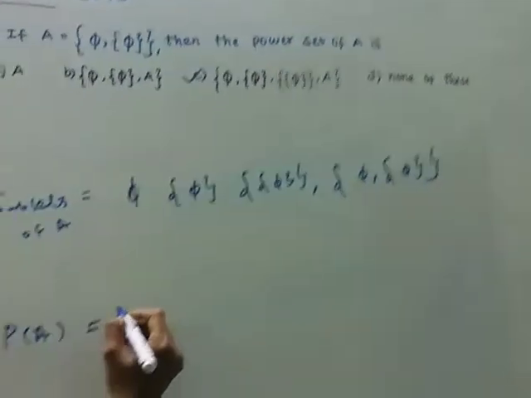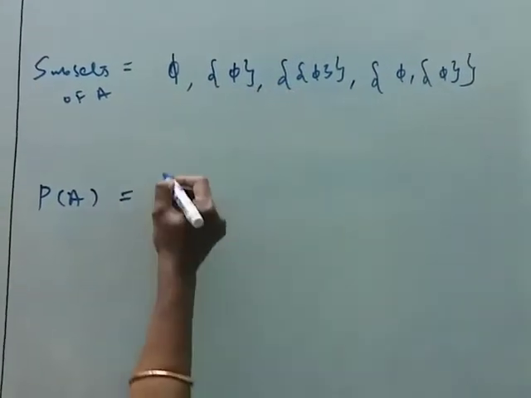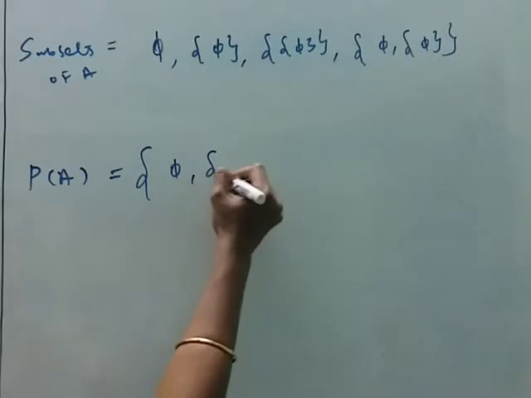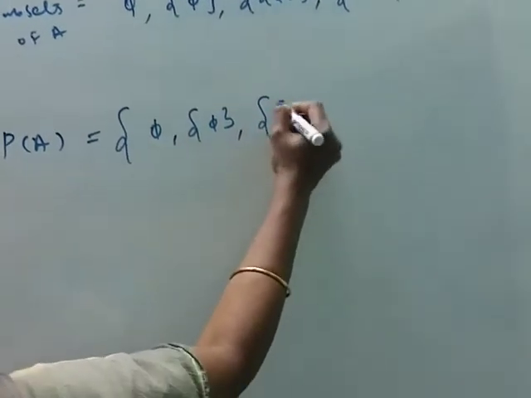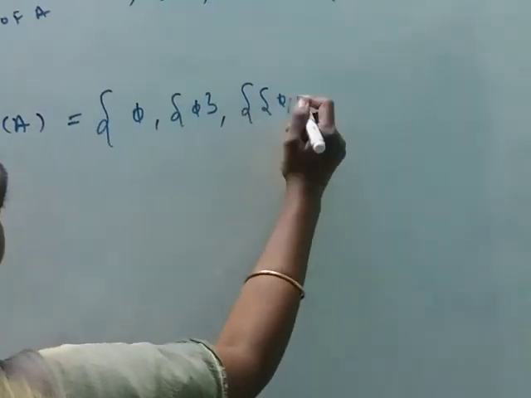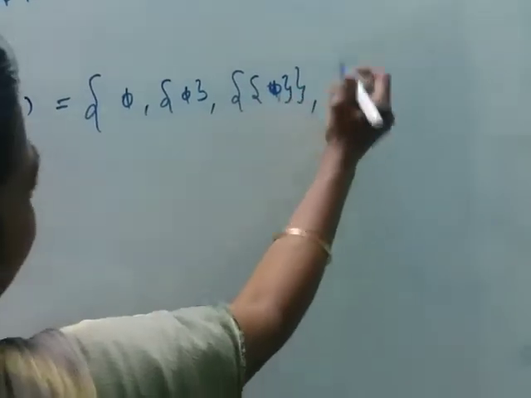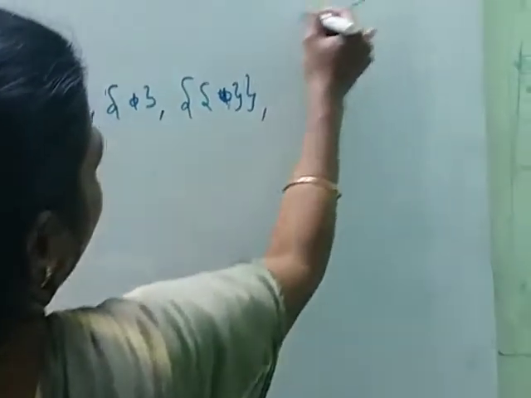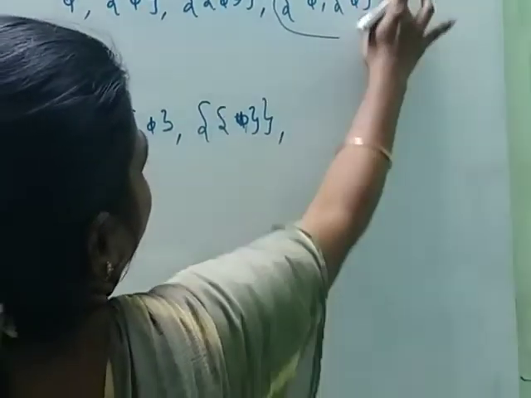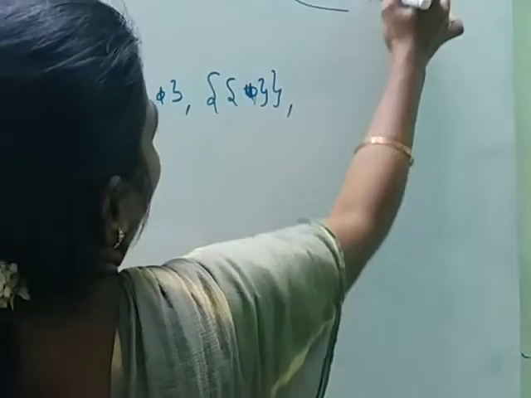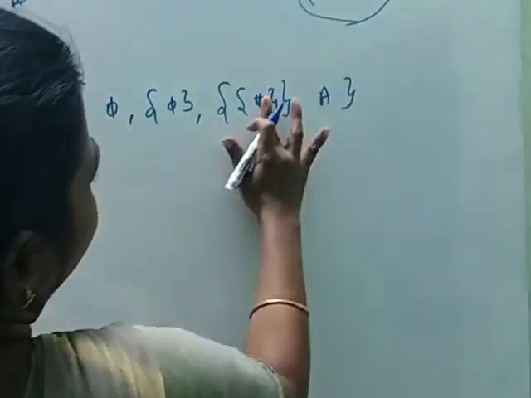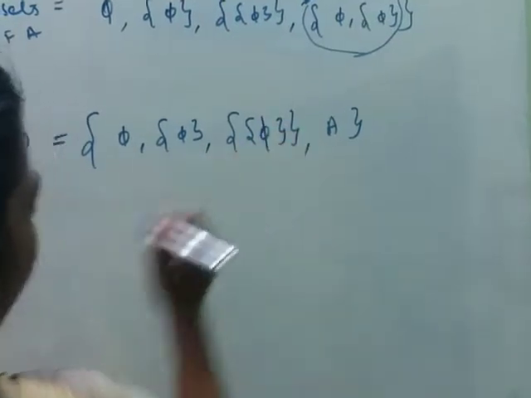So here P of A can be written as the set containing the empty set, then instead of this we are writing that A. Instead of this we are writing the whole set A. Is it clear? Okay. Copy it.